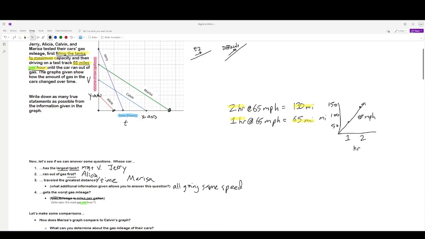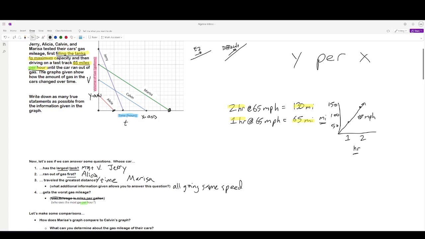So the main thing we want to know about that word per is per separates y and x. So notice in miles per hour, miles is on the y-axis, hours is on the x-axis.